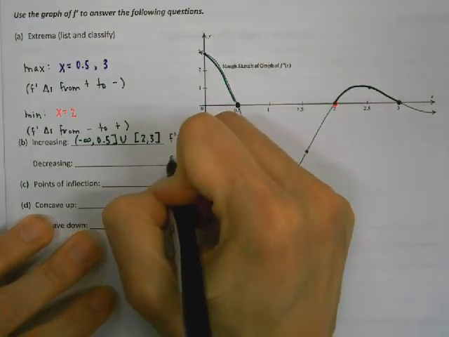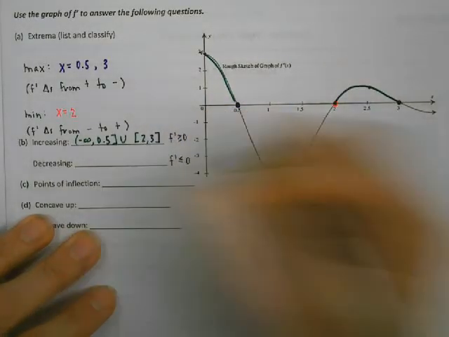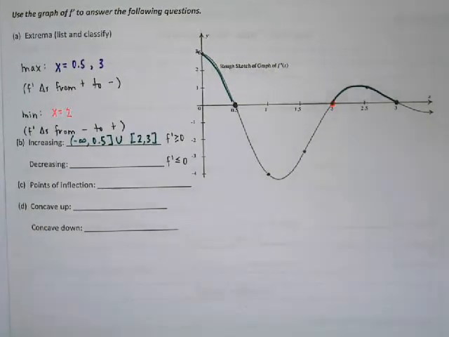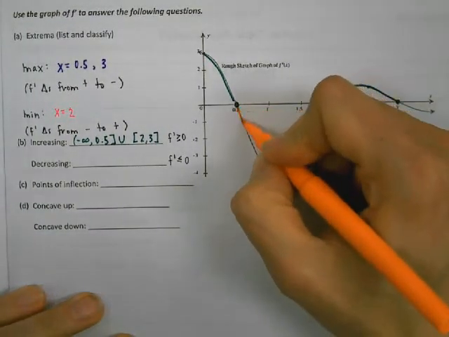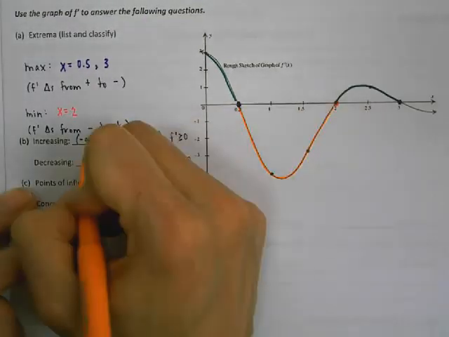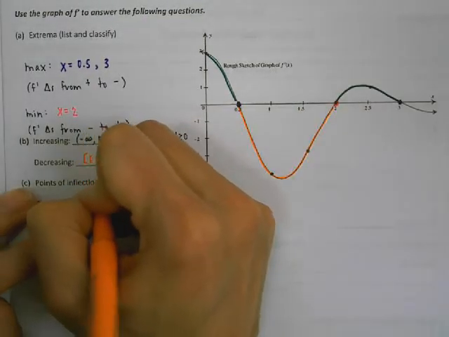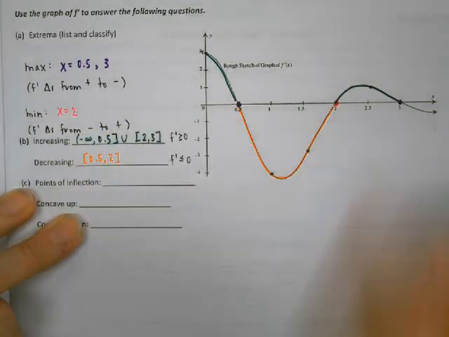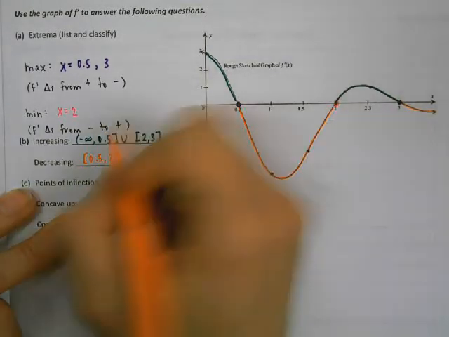Decreasing, we know, is where f prime is less than or equal to 0, or where I'm below the x-axis, which is going to occur here from 0.5 to 2, and then again from 3 to infinity.